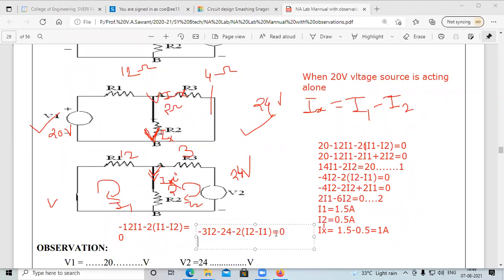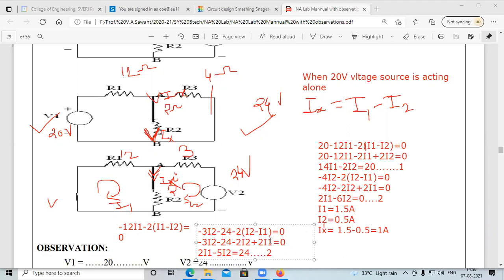Simplify: minus 3 I2 minus 24 minus 2 I2 plus 2 I1 equal to 0. Rearranging, 2 I1 minus 5 I2 equal to 24. This is the second equation.